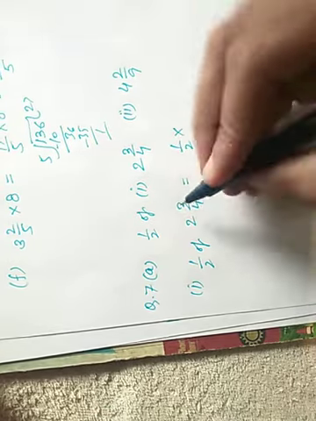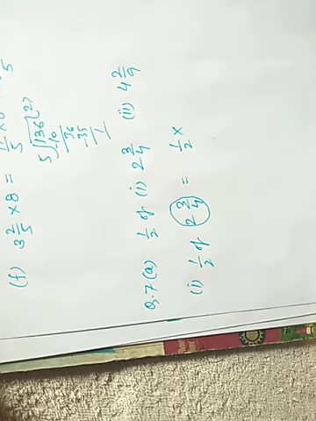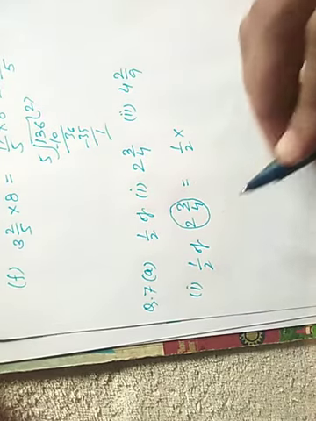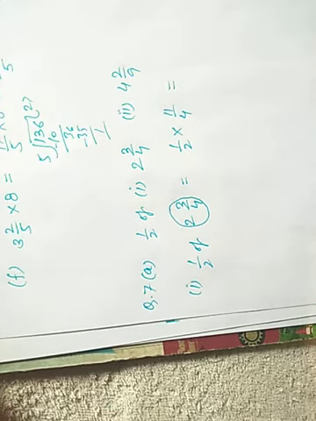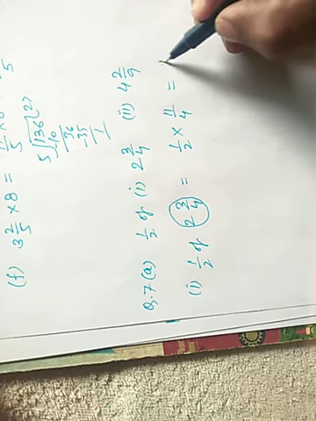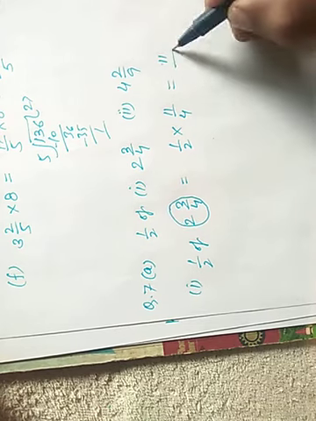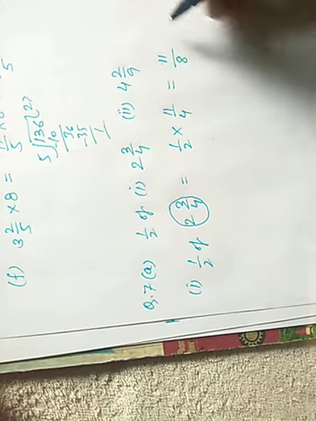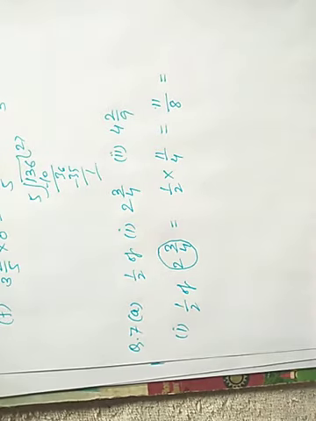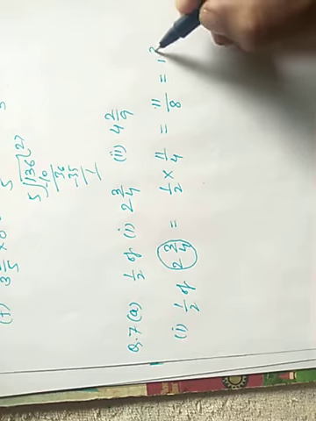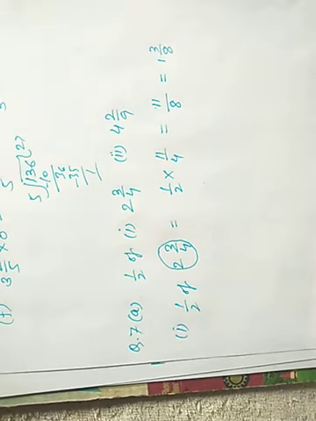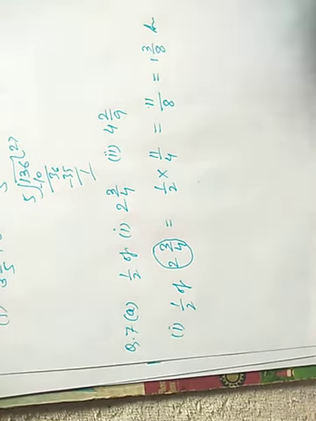We have to convert this into an improper fraction. So 4 twos are 8 plus 3 is 11 upon 4, and now we will multiply numerator with numerator. 11 ones are 11 and 4 twos are 8, and we can also express it as a mixed fraction. So it will be 1 3 upon 8. Right, this is the answer.